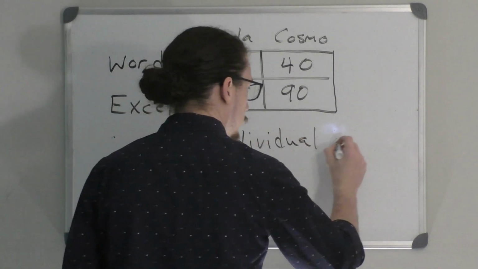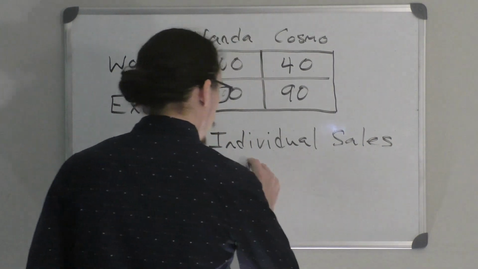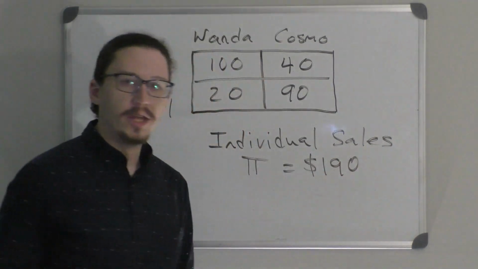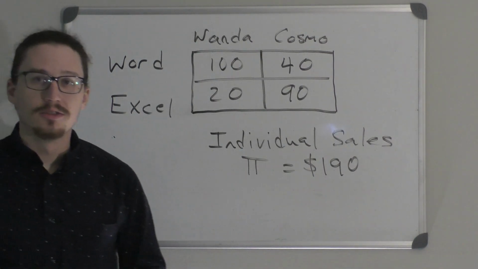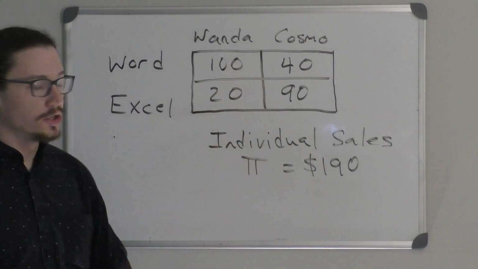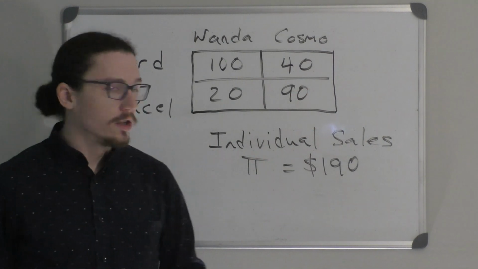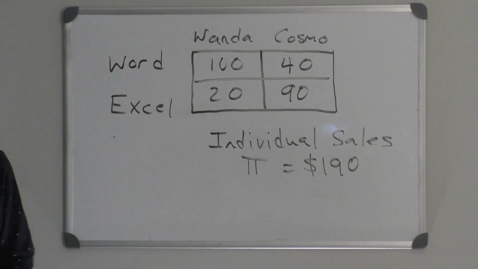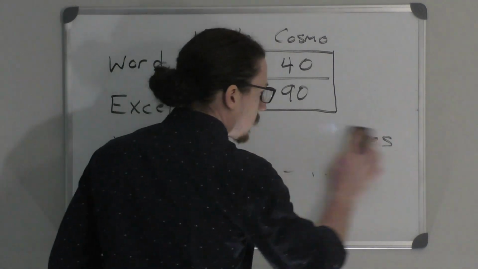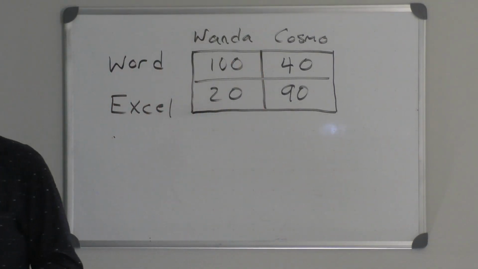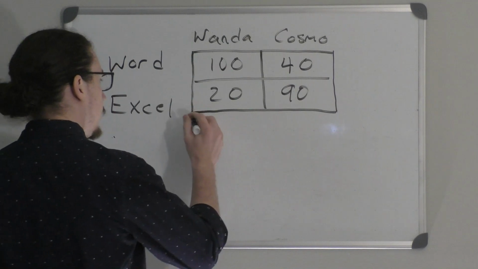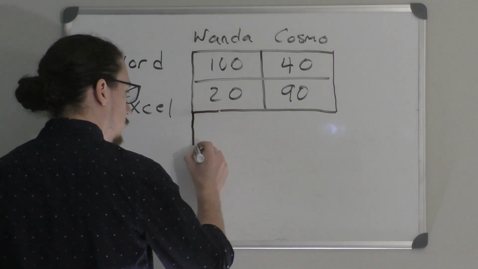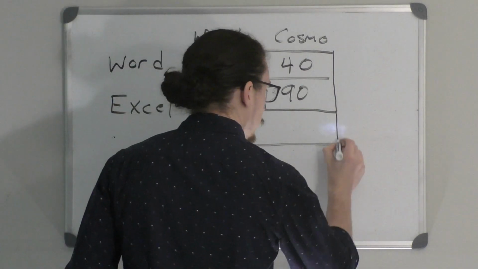So their total profit would be $190, right? $100 from selling Word to Wanda and $90 from selling Excel to Cosmo. So again, we're going to keep that in mind.